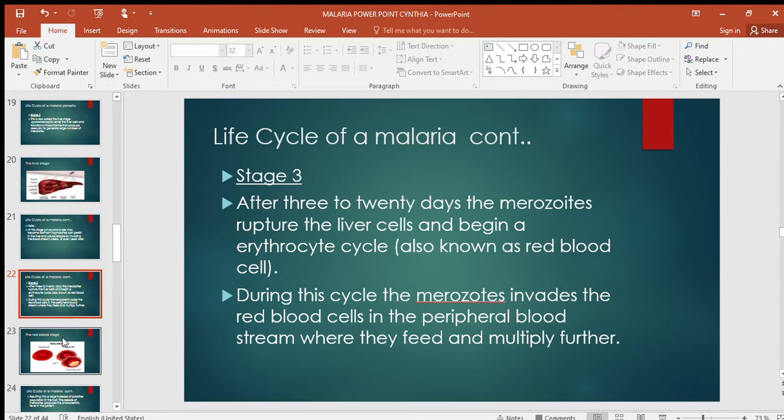During this cycle, the merozoites invade the red blood cells in the peripheral bloodstream, where they feed and multiply further, and rupture the red blood cells.